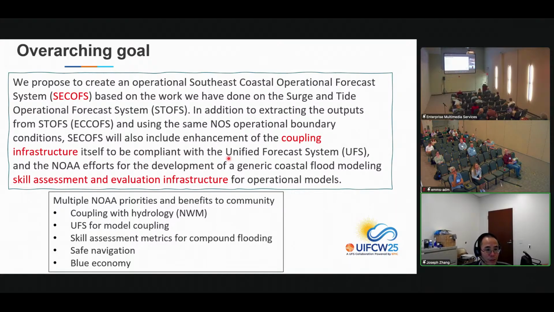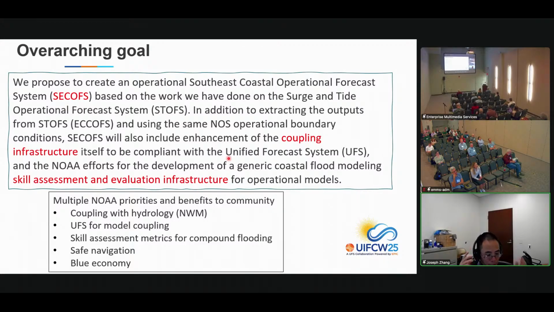Second, we want to use this opportunity to really do some testing of the emerging and exciting UFS capability. That's why all of us are here. And the last one is to use this opportunity to update the CO-OPS skill assessment. I think somebody yesterday talked about this.